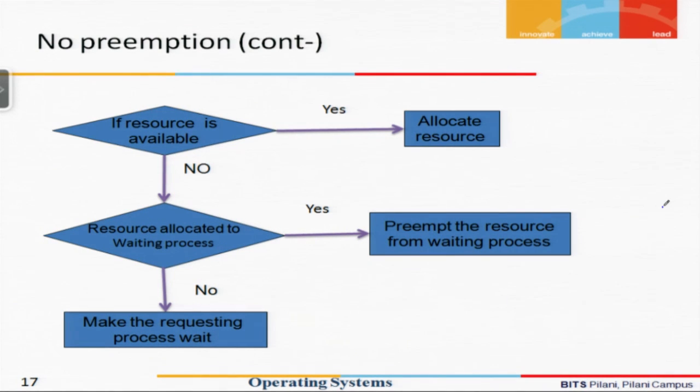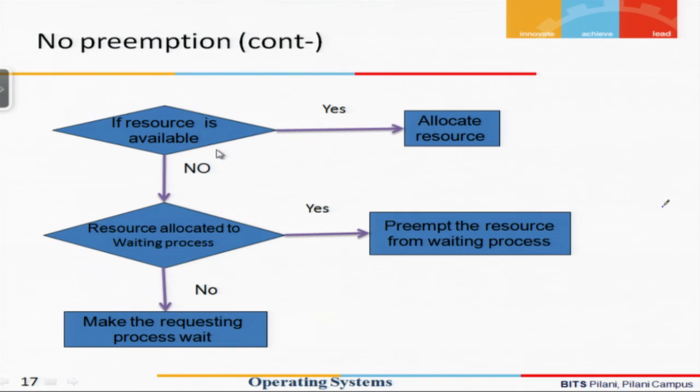There is another approach, a kind of protocol, which can be thought of if one is going to allow preemption. The system would check if the resource is available. If the resource is available, then there is no issue. It can be allocated to the process, so you will go through this branch and allocate the resource to the requesting process.